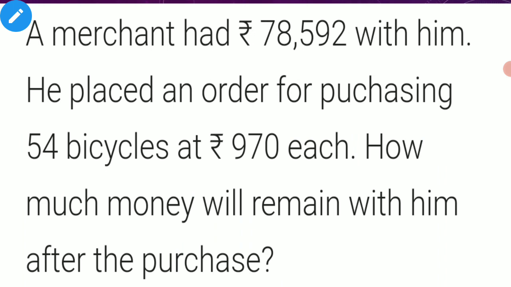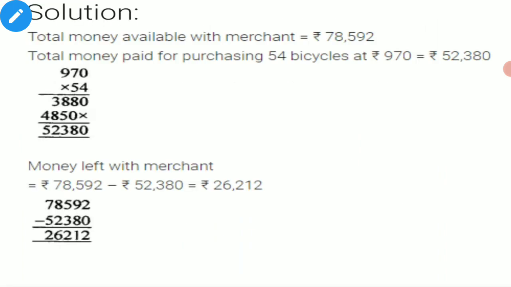First of all we will calculate the cost of these 54 bicycles. Once we calculate the amount he spent on the bicycles, we will subtract it from the money he had, and that will provide us how much money will remain with him after the purchase. So let's do the question now.